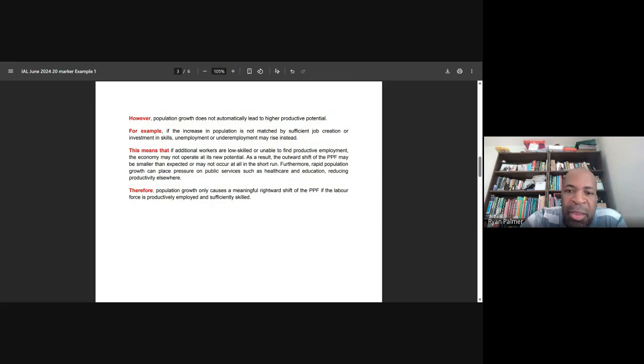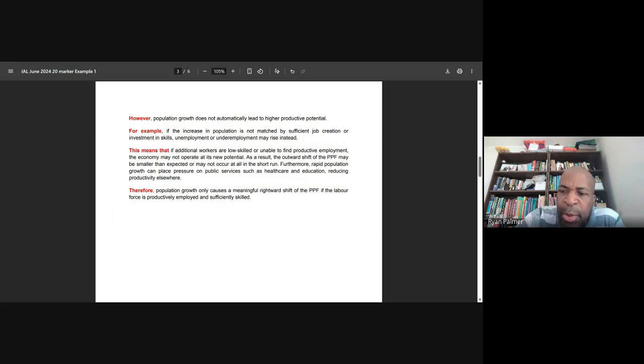It must be the case that the additional people in the economy are employable, and what that means is that they have skills that can be used in a productive context, and there are jobs that those skills can be applied to. So we have employable individuals who can find employment, and that's when population increase will translate into higher productive potential.